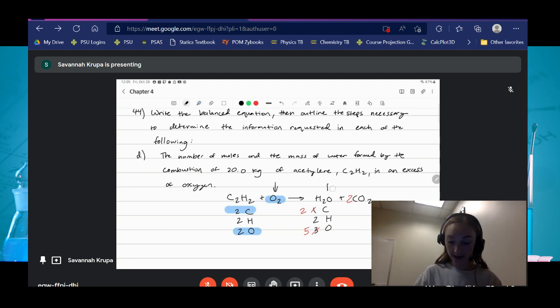So to get that to happen, we're going to have to put also a 4 here. And then we're going to have to put a 2 in front of the H2O. And so let's rearrange how much we have, and I'll explain why we did that.